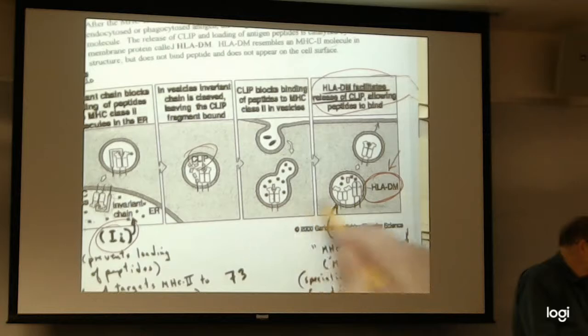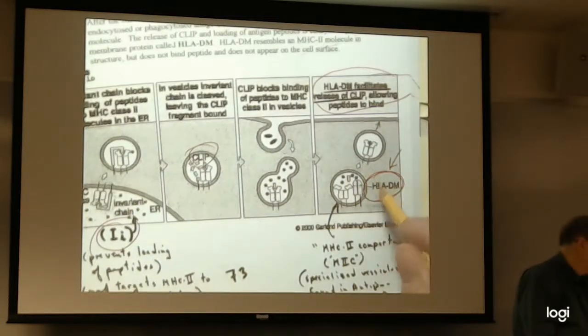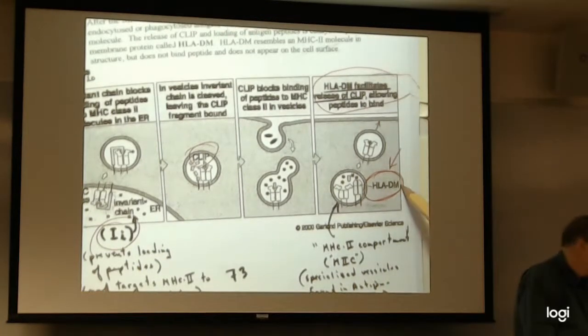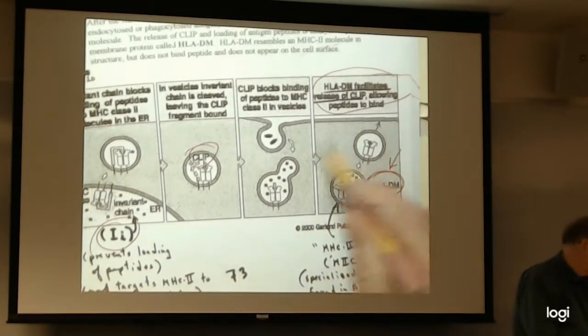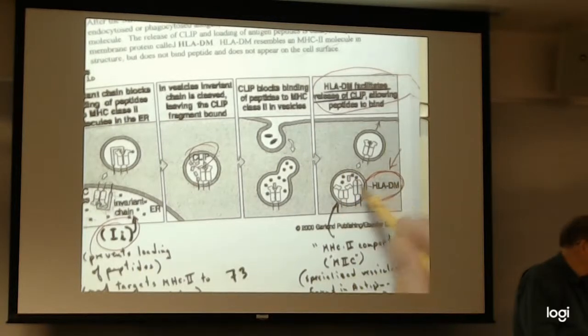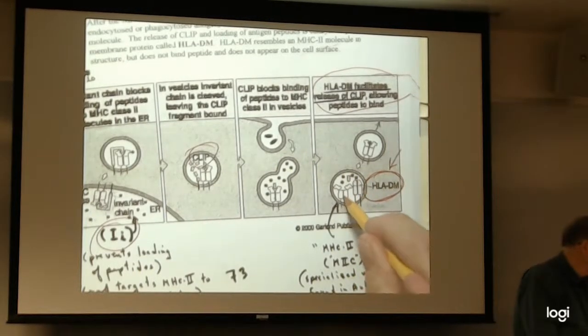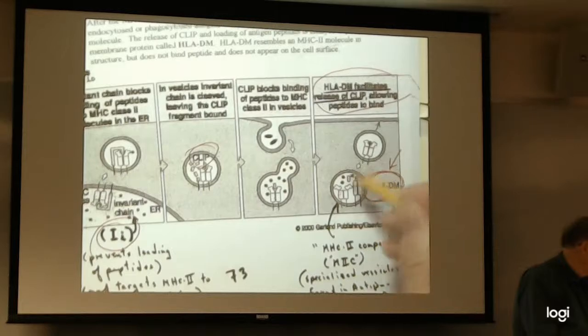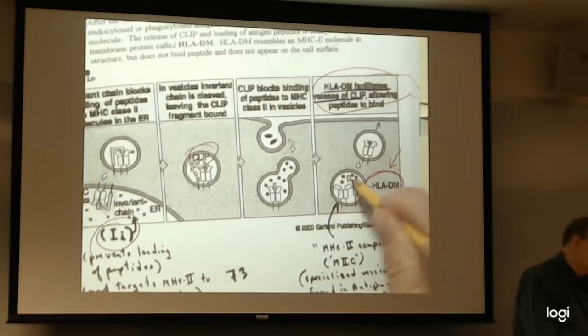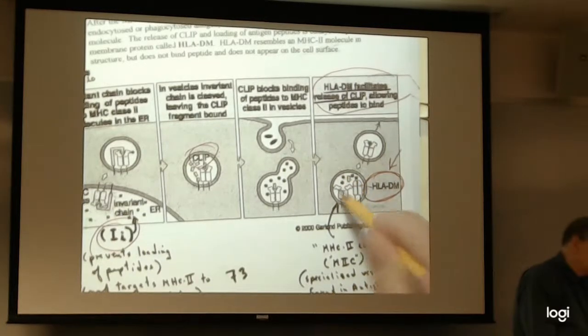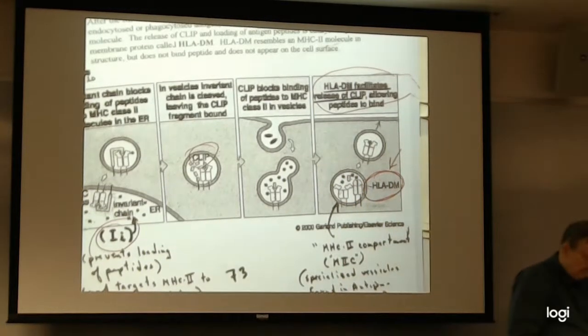And you'll remember, not shown until now, always present, there's an MHC1 type kind of protein called HLA-DM. You remember HLA-DM. HLA-DM in this acid environment here is able to bind the class 2 molecule, make it open up and release the clip peptide, and now bind the extracellular world peptide in its place.